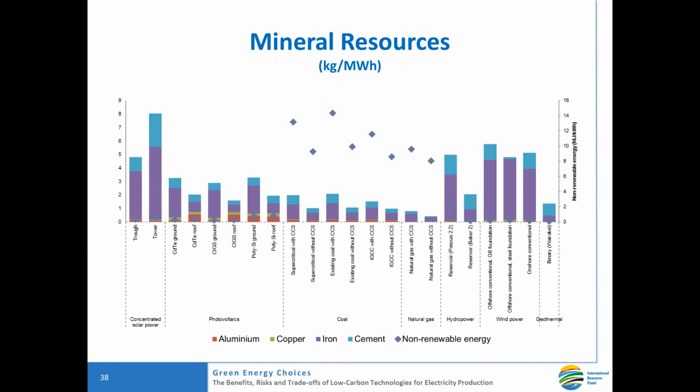Great, thank you. We've had a few questions around the scenarios and how they were modeled. Specifically, what geographic areas were modeled in the scenarios, and how do these findings apply to developing countries? Well, the scenarios in principle were modeled with global coverage.